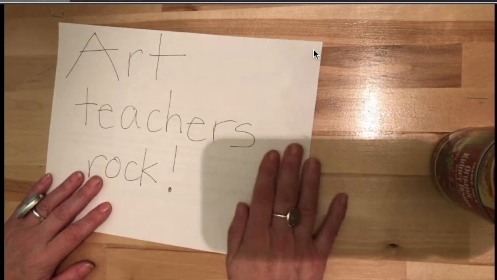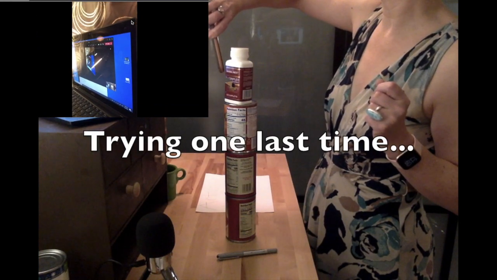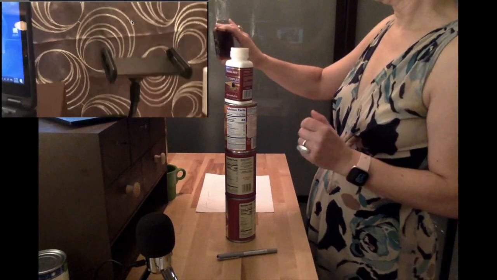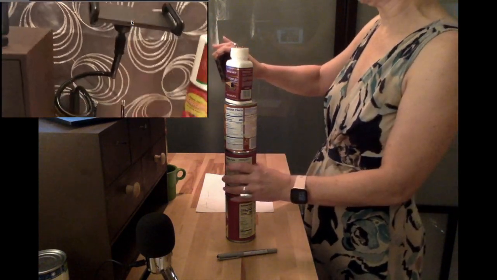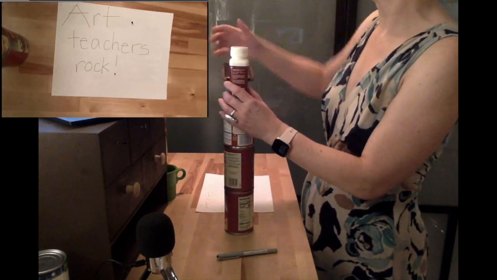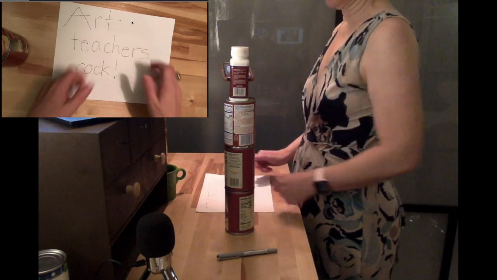And let me see if I can get rid of that shadow. There we go. And if you're careful about it, it will usually stay, but not always. So I'm going to carefully slide it in and hope it stays. There we go. Our teachers rock. Woo! Thumbs up.